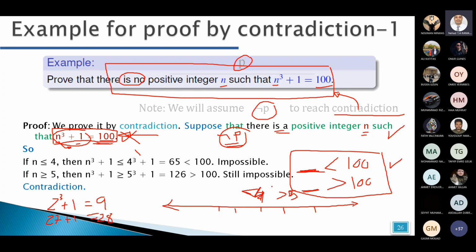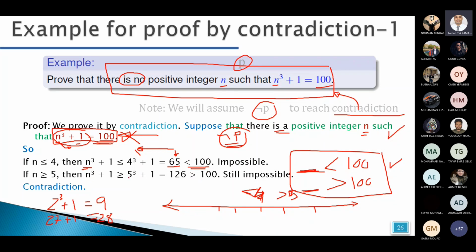When we calculate it for 4 here, we get 4 to the power 3 plus 1, it's 65. 65 is less than 100. Okay, so there is no number less than 4 that will be 100, because 4 gives us 65. So any number less than 4 will give us also a number less than 100.